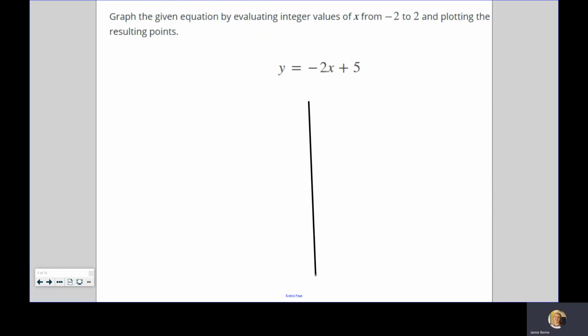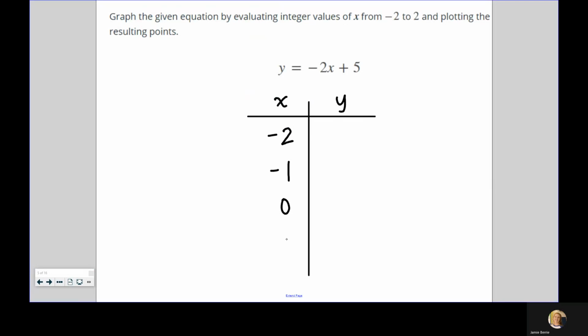That's straight-ish. Okay. So I'm going to make a little table of x and y values. It tells me to use the x values from -2 to 2, the integers from -2 to 2. So that's the ones I picked, -2, -1, 0, 1, 2.